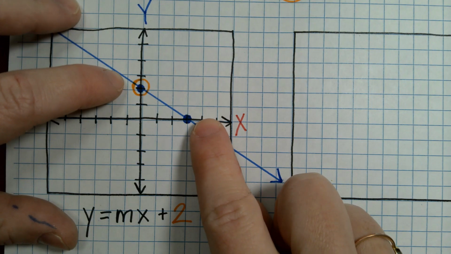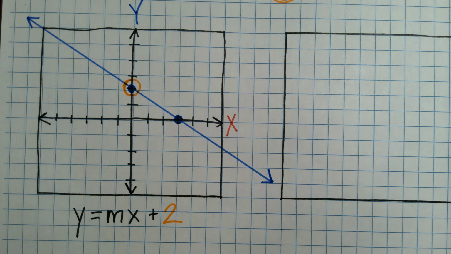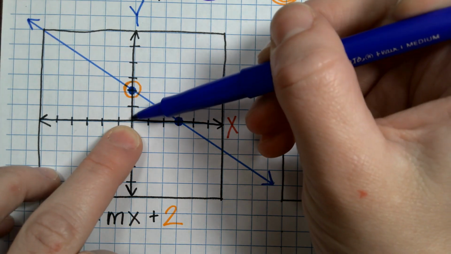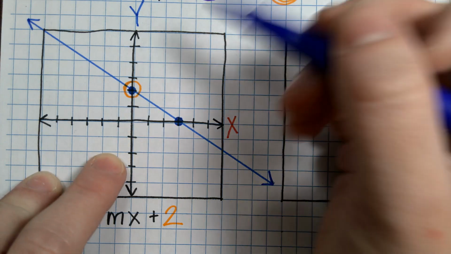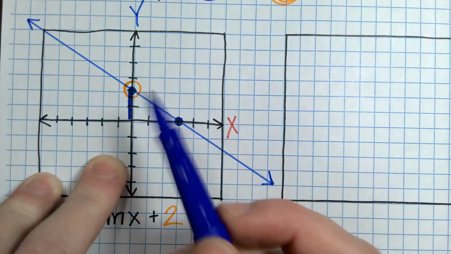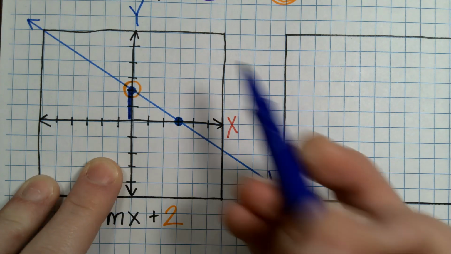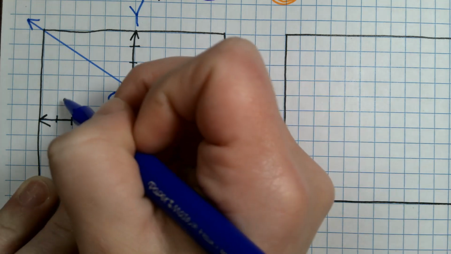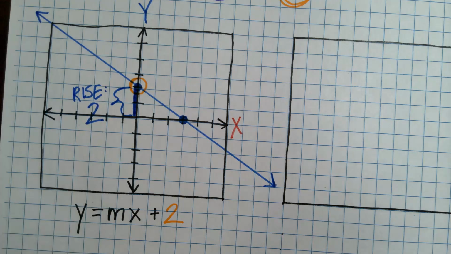It's always going to be the 2 points that are specifically laid out for you. First, I'm going to see what the difference is between the height, or the rise, of this first point and my second point. If I draw a little line from this point to this point, we have 1, 2. You see how there's 2 points in between here? Our rise is going to be 2.